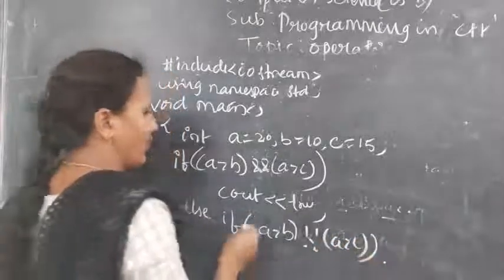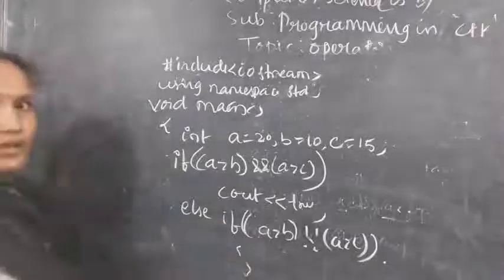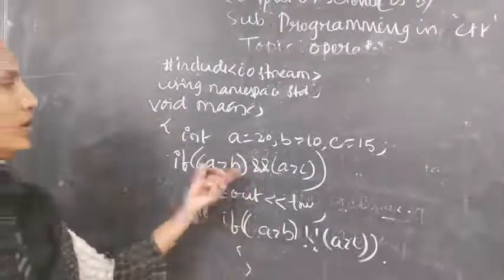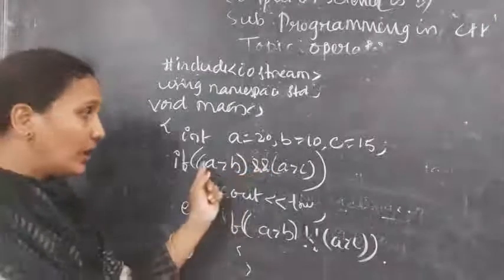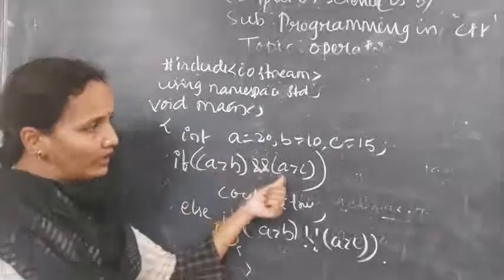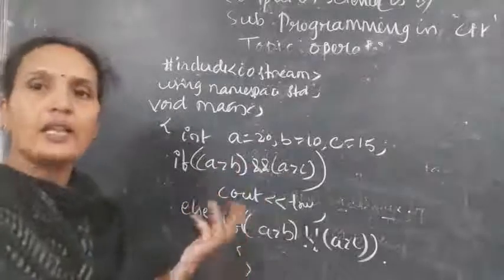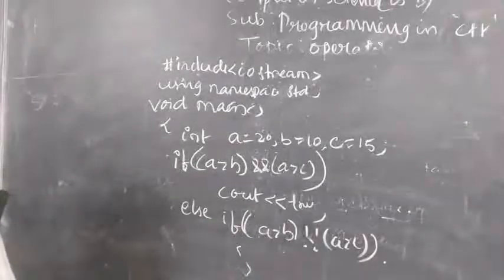Like this you can give. Here negation you can also give. So it is an if condition, and it will check the two relational expression results. If this is true and this is also true, then only you will get the true result. Otherwise you will get a false result. You take a screenshot of that.